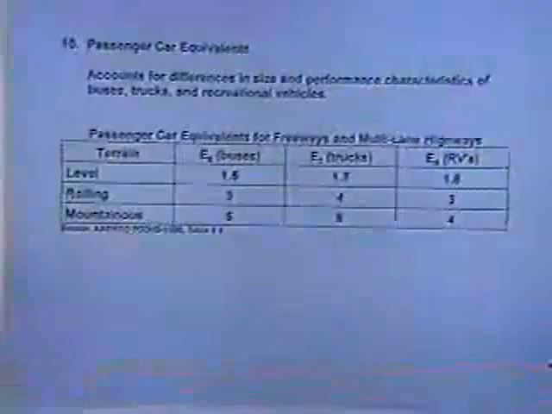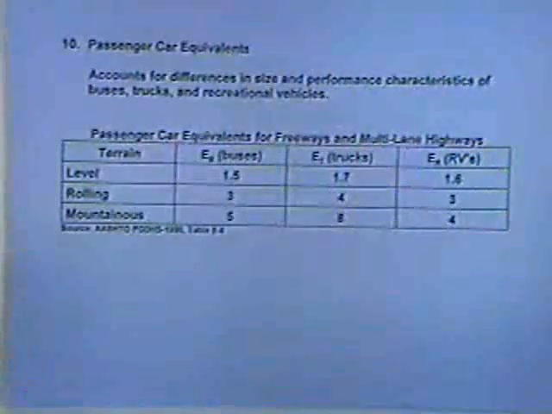I mentioned ideal conditions don't exist, but that's sort of our starting point. The other thing that we need to understand in traffic analysis is a concept called passenger car equivalence. When we look at a highway facility, we have cars, trucks, buses, all different types of vehicles that use it, but we need to convert them all to some common units so that we can talk about different facilities in the same breath.